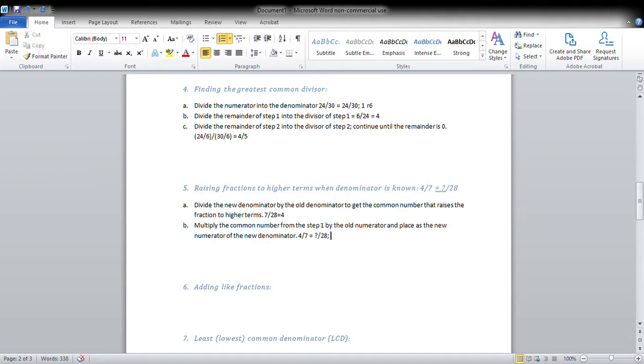So we take our original numerator, 4, times the number that we got when we divided, 4, over 28. So 16 over 28 is our answer.